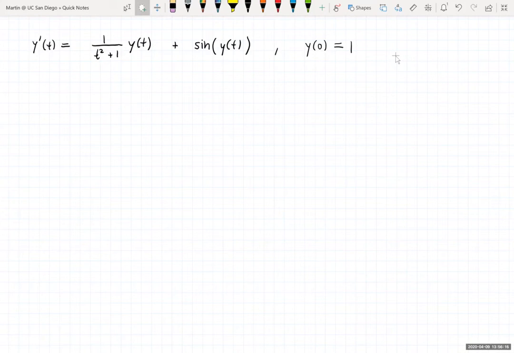Let's have a look at another initial value problem. We've got the differential equation y prime of t equal 1 over t squared plus 1 times y of t plus the sine of y of t, with initial condition y(0) equal 1.